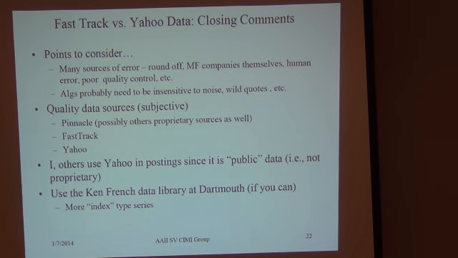If you've got a problem where you can use index type, or local index type data streams, Ken French has a wonderful data library at Dartmouth. For free, you can go in there and pick it up.